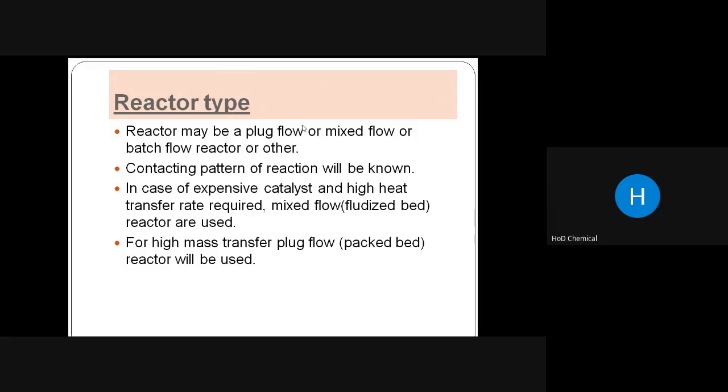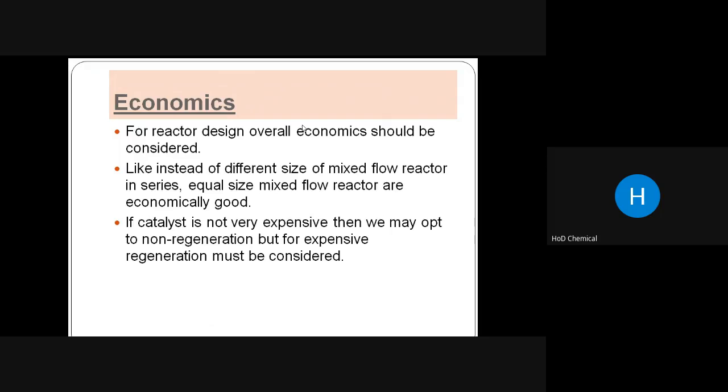And then, whether any heat energy is required, any heat transfer rate, all those factors. For example, if heat energy is required, then fluidized bed, and then mass transfer. If you have high mass transfer, then the packed bed reactor is very often used.